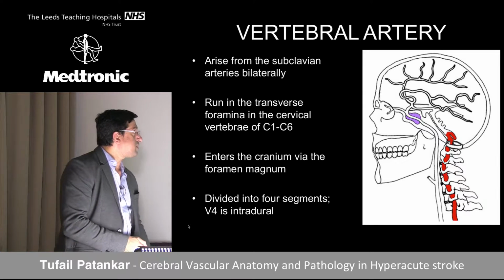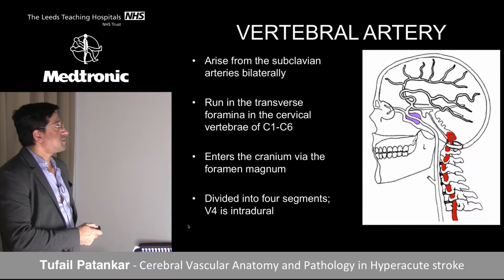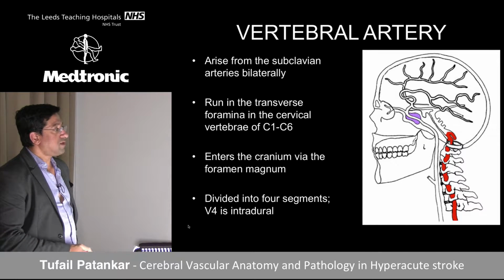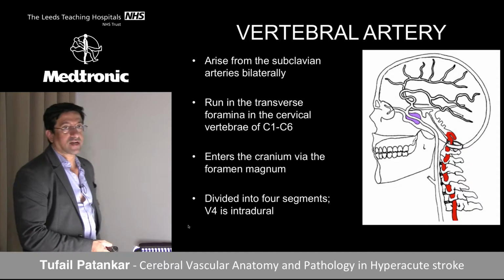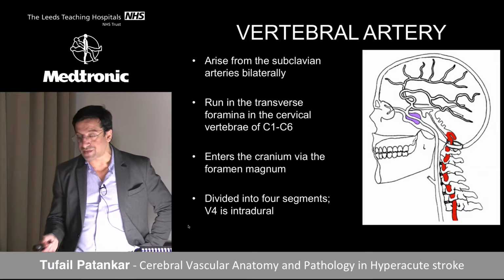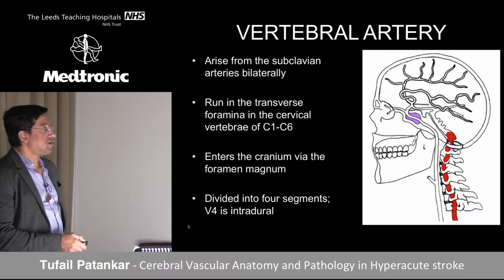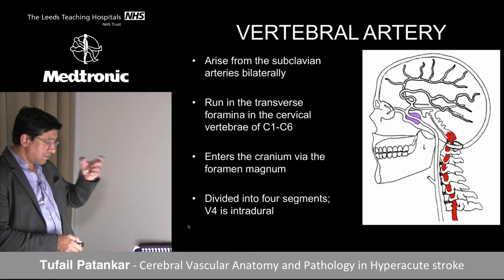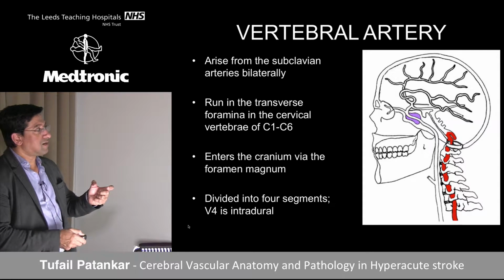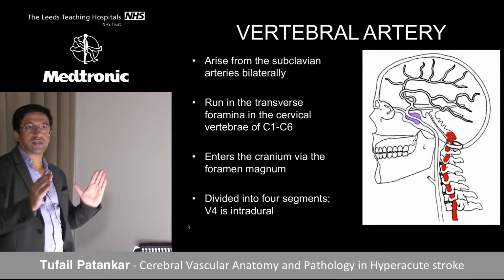When you look at the vertebral artery, it arises from the subclavian. It will come into the transverse foramen usually from C6. Sometimes it can come from C5, sometimes from C7. And then it comes up along C2.